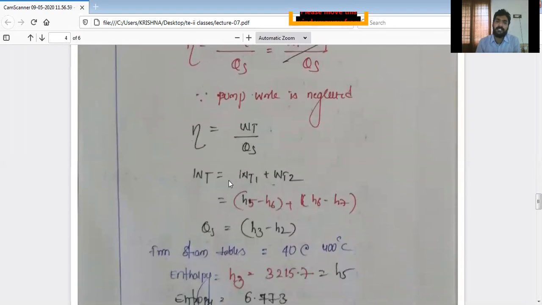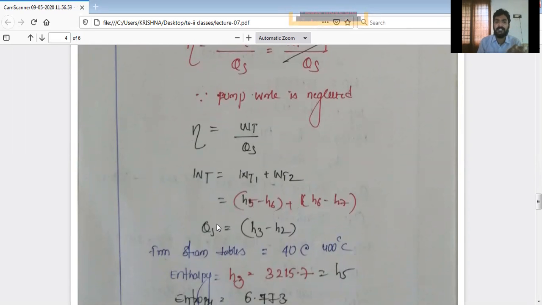The turbine work is for 2 turbines in a regenerative cycle; you introduced a low pressure turbine and a high pressure turbine. Here are 2 conditions for turbine work. So I can write that equation in terms of enthalpies: H5 minus H6 plus H6 minus H7.